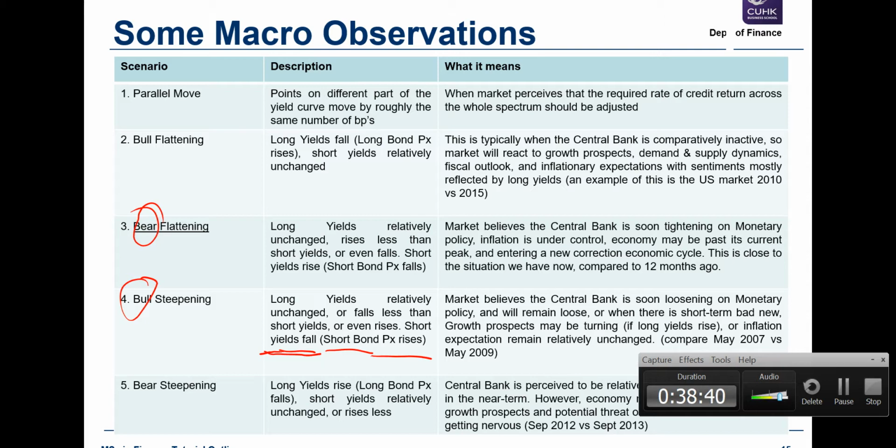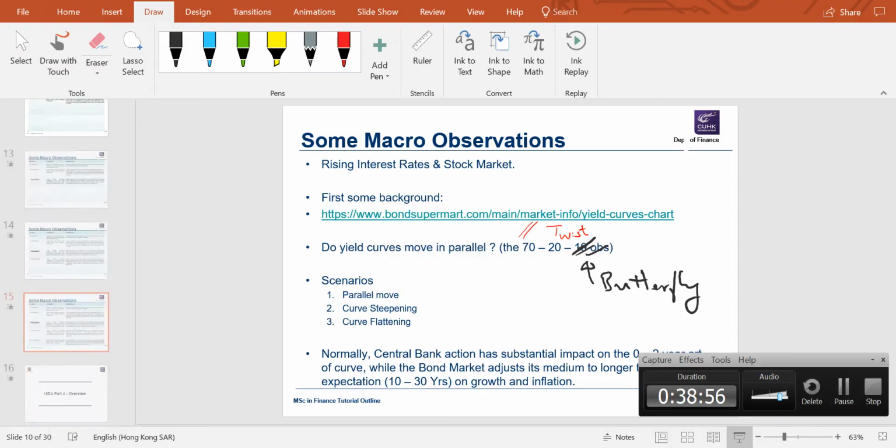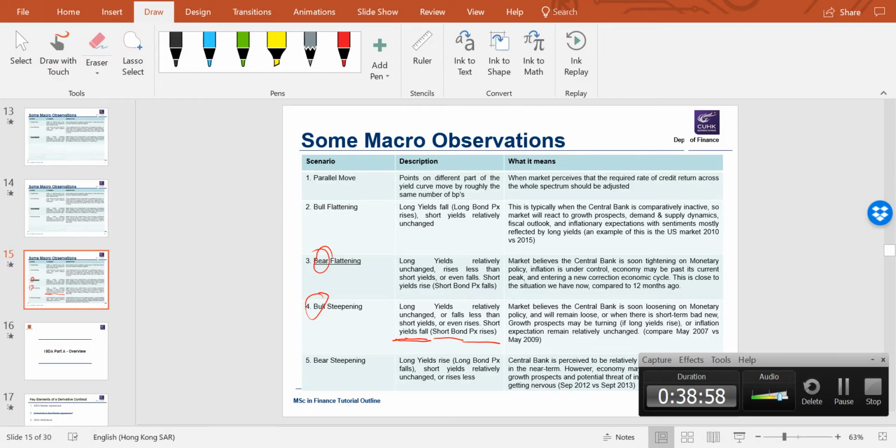On the other side is this table. The reason I want to do that is I actually want to go to the US Treasury website. So I'm going to show you some examples.